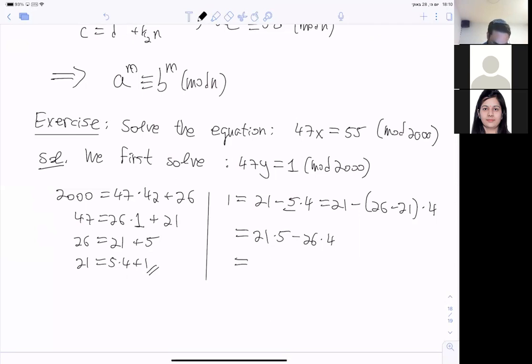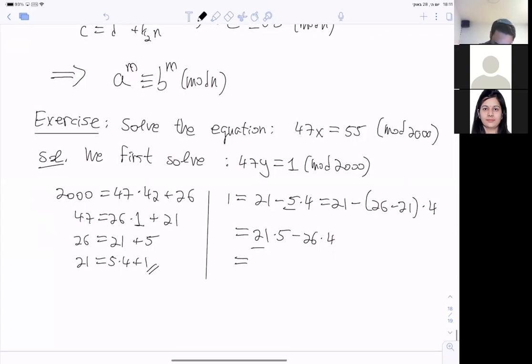Now we have 21 and 26. 21 is lower. So instead of 21, I'm writing 5 times, which is equal to, so here we have 9 times 26.